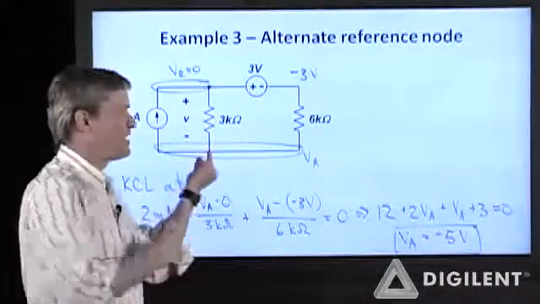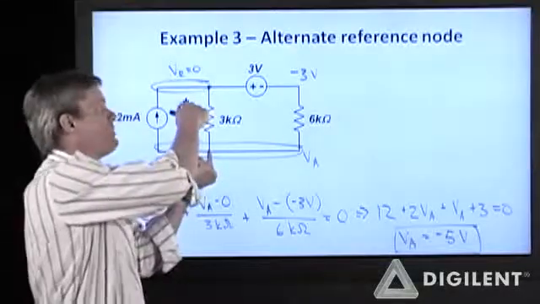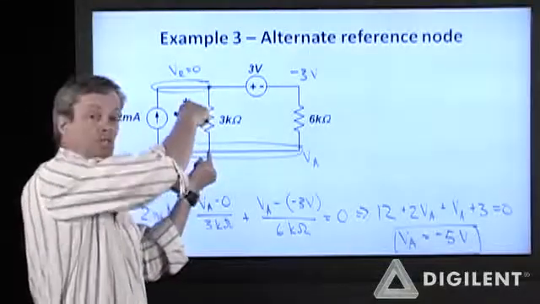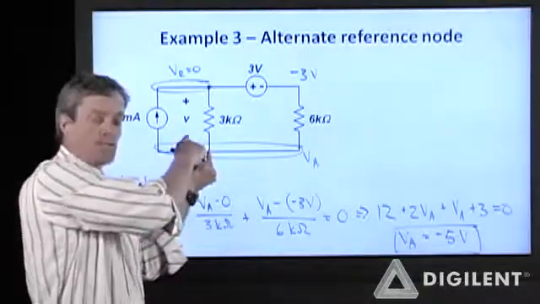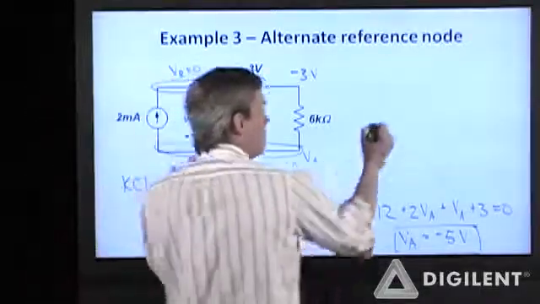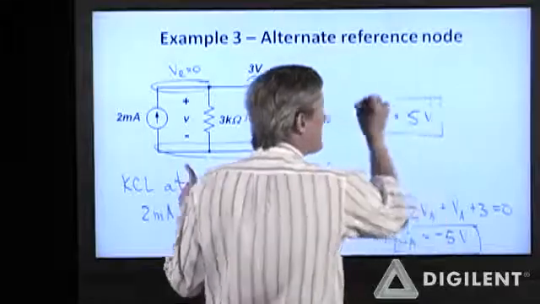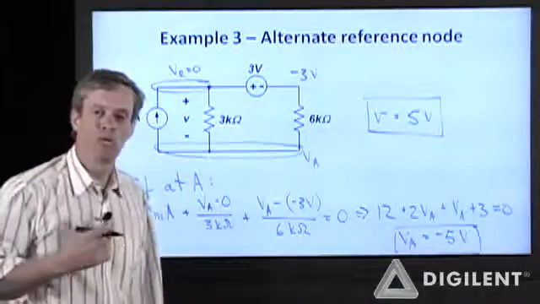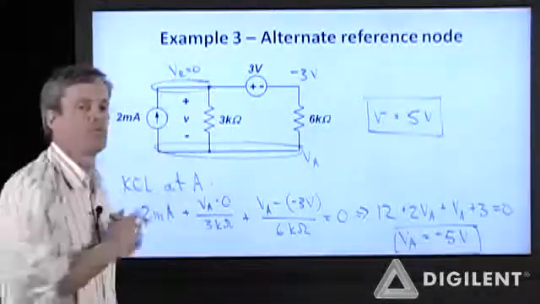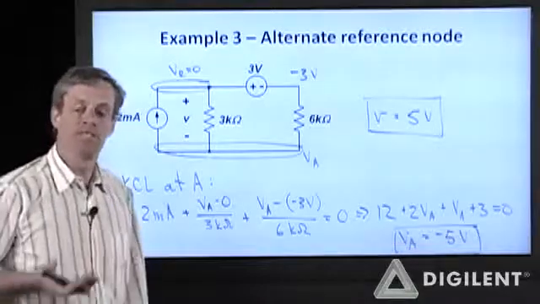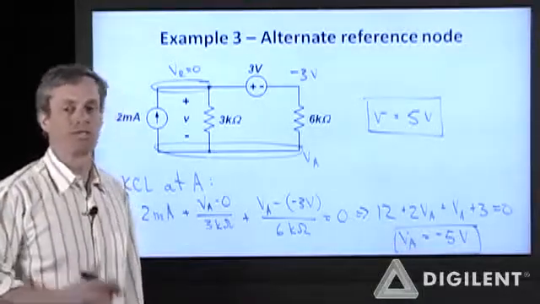However, V sub A is negative 5 volts. If I am assuming that this voltage is positive relative to this one, that means V is equal to a positive 5 volts. It becomes the same solution that we had before. Our reference voltage node definition didn't matter in our final result.